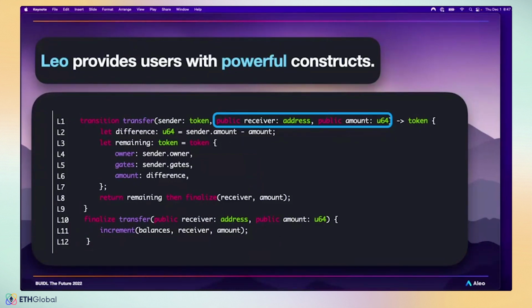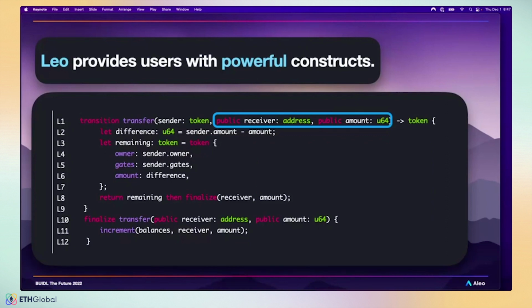Effectively, what this is doing is taking a private number of tokens, and transferring some to the receiver publicly so that everyone on-chain can see the receiver's new balance.